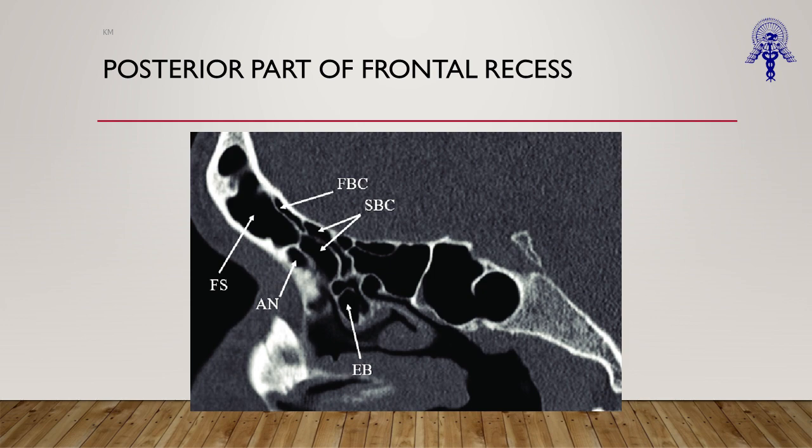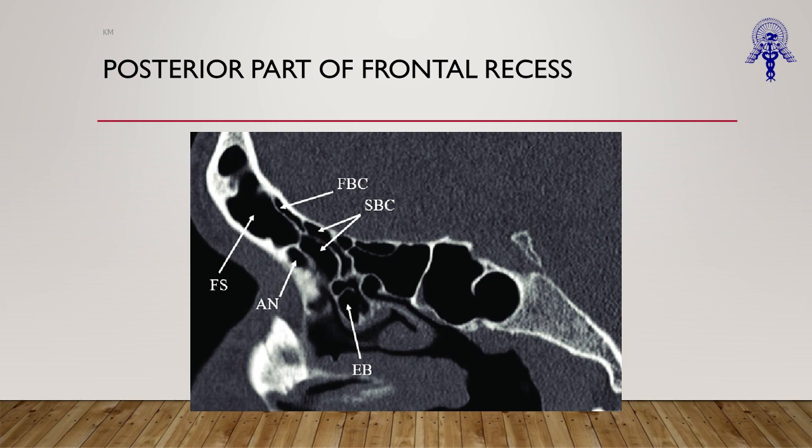So if there is pneumatization of a cell above the bulla, those are called frontal bullar cells or suprabullar cells. Suprabullar means behind the frontal, below the frontal sinus. Frontal bullar means it goes towards the frontal recess and towards the frontal sinus. And laterally we have the Agarnesi, 1, 2, 3, 4.